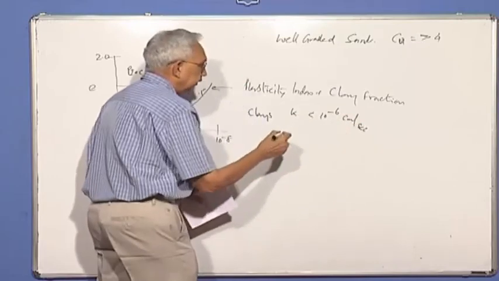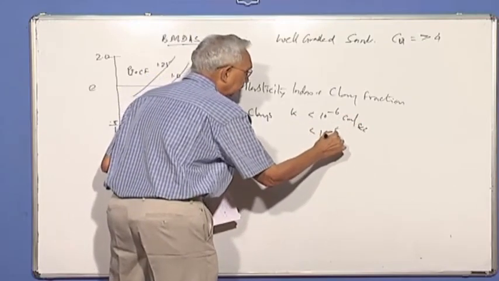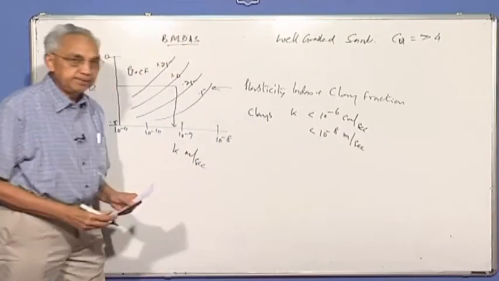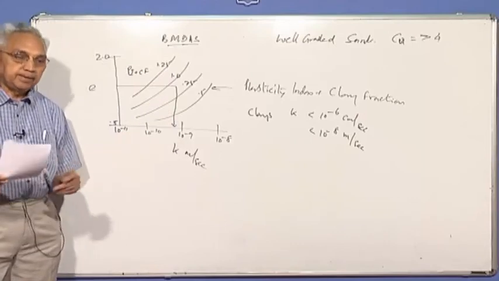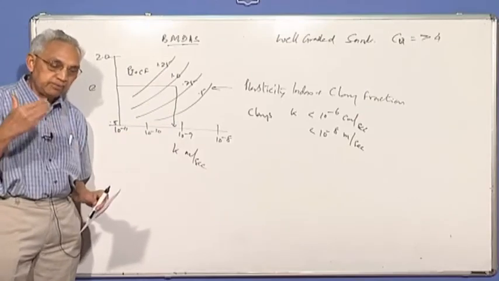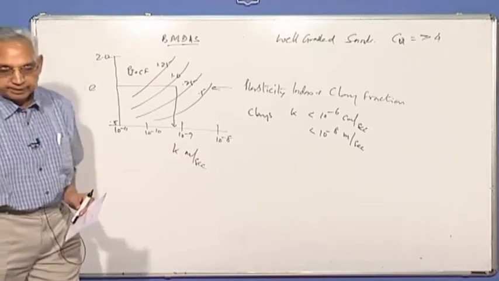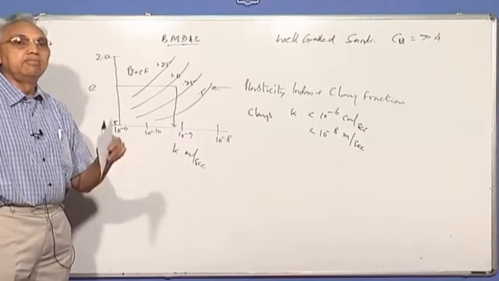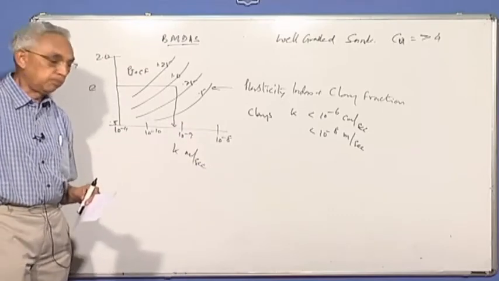So that corresponds to less than 10 to the power minus 8 meters per second. You know that, and this is how we try to get a rough estimate of the permeability based on the experience of all our practicing engineers and those who have actually determined the permeability for various soils in their projects.